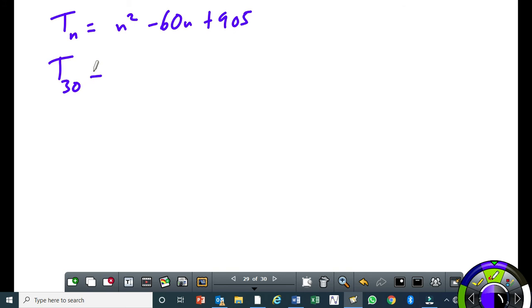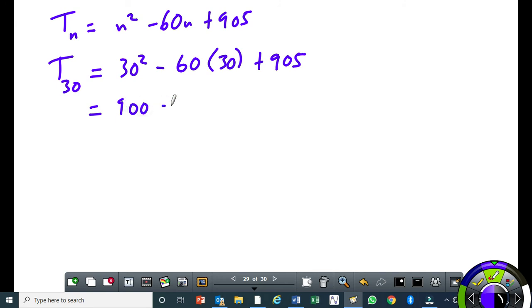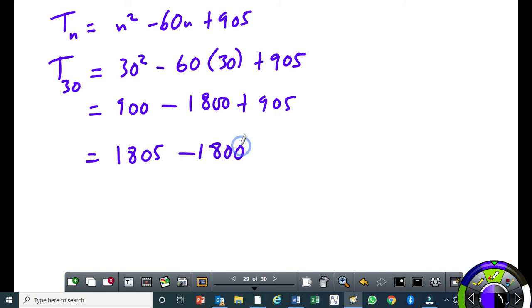So T30 is going to be 30 squared minus 60 times 30 plus 905. This gives me 900 minus 1800 plus 905. If I add these two, I'll get 1805 minus 1800. So the answer that you get is what? Is a 5. Are you following them?